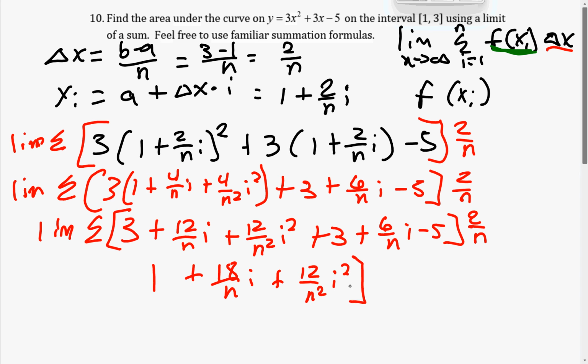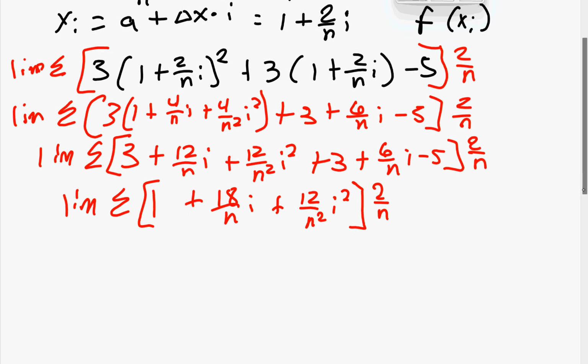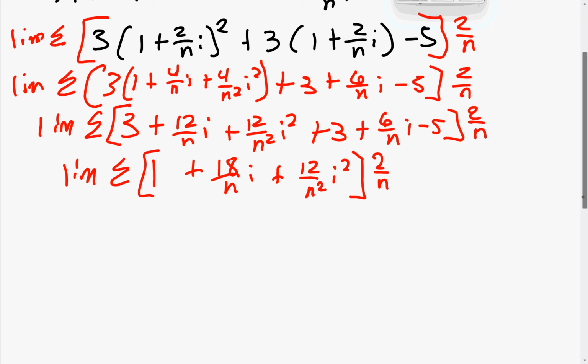Okay, and again, we're still timesing by our change in x, 2 over n, still eventually going to be taking the sum, and then we'll be taking the limit. Okay, so now I distribute that 2 over n, so I get 2 over n plus 36 over n squared times i plus 24 over n cubed times i squared.